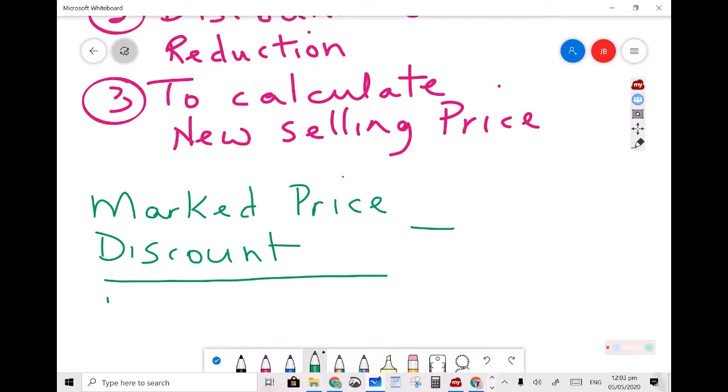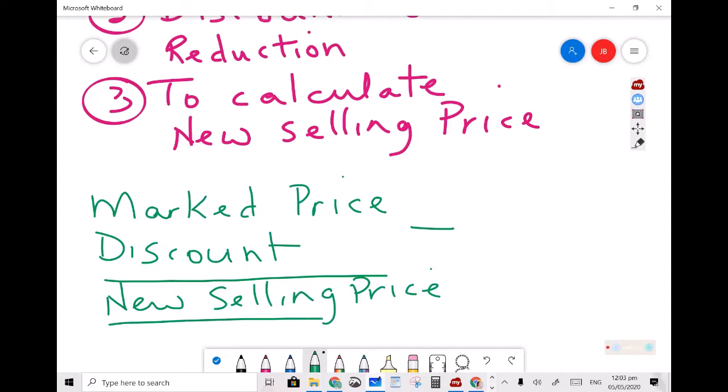That will basically give you your new selling price. So this is what we are going to do today. We are going to take our marked price minus our discount to get our new selling price.